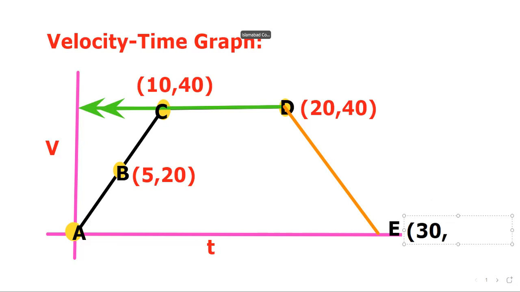And velocity is 0. You can see on y-axis the position of this point. On this point the velocity is 0. Like you can see, if we move from here to here on y-axis is 0 here, so we can say velocity is 0 at this point.